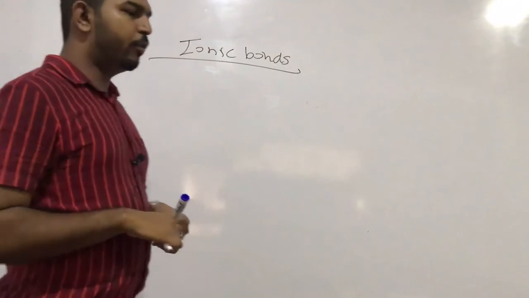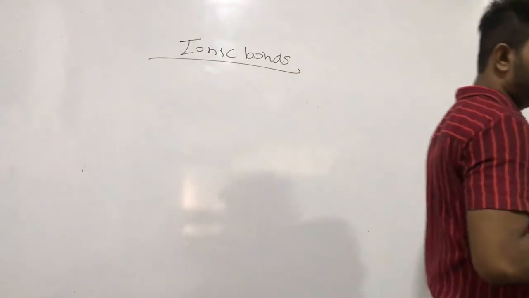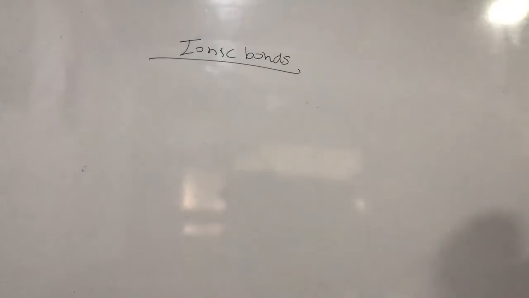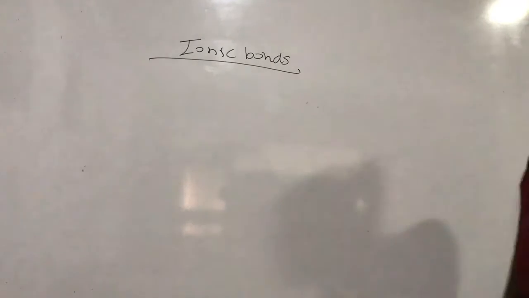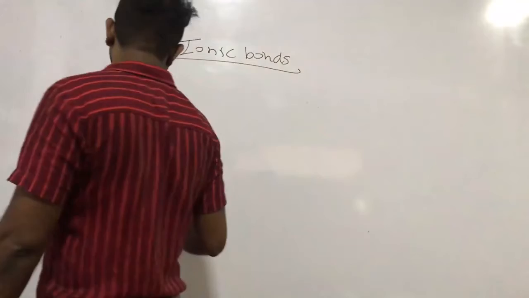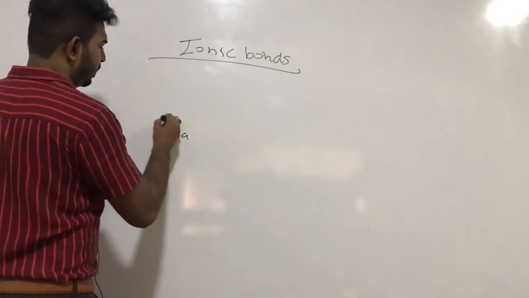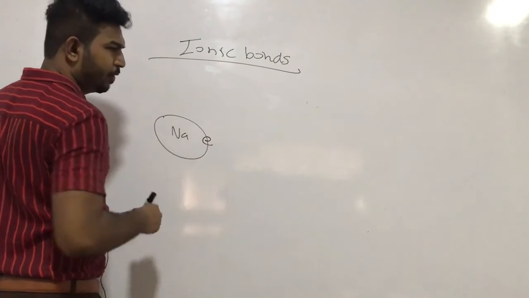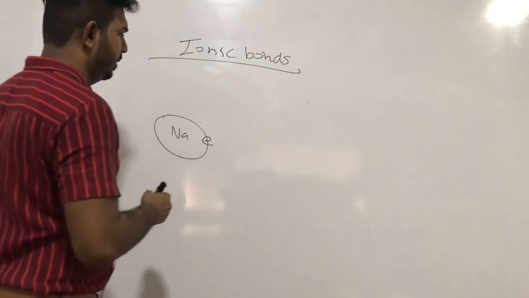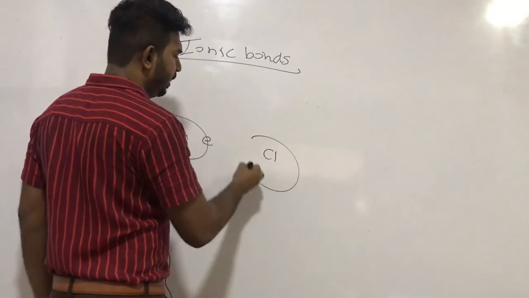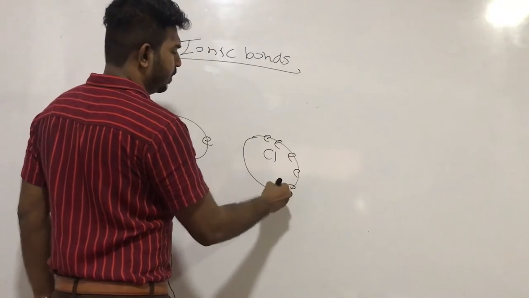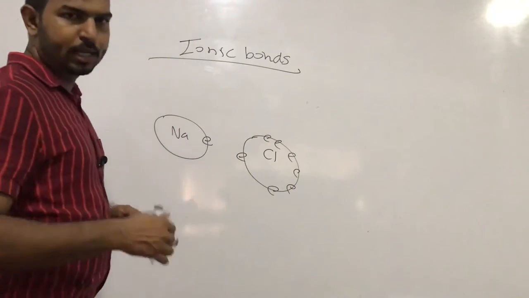Considering the formation of ionic bonds, when an atom with a low electronegativity gives an electron to another atom, let's assume sodium, we know there is 1 electron in the outermost shell. Chlorine has 7 electrons in the outermost shell.